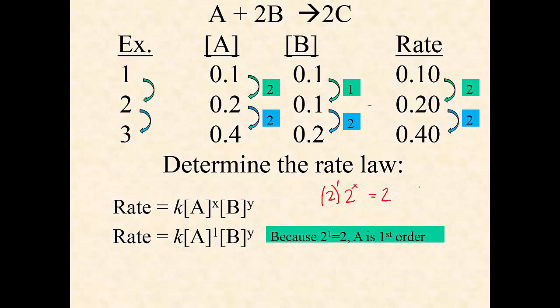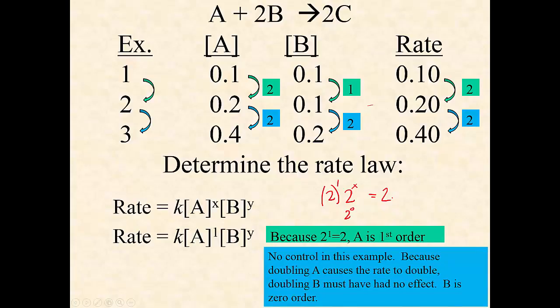The only way that you're going to see that this doubled, and this doubled when you already know that A was a contributing factor, the only way that could be is if this was a 1. And the only way this could be a 1 is if it was a 0 order, which means B is not part of this rate law. It has no effect.